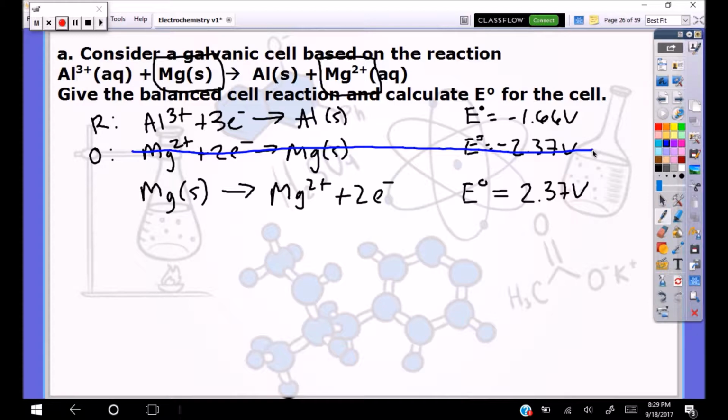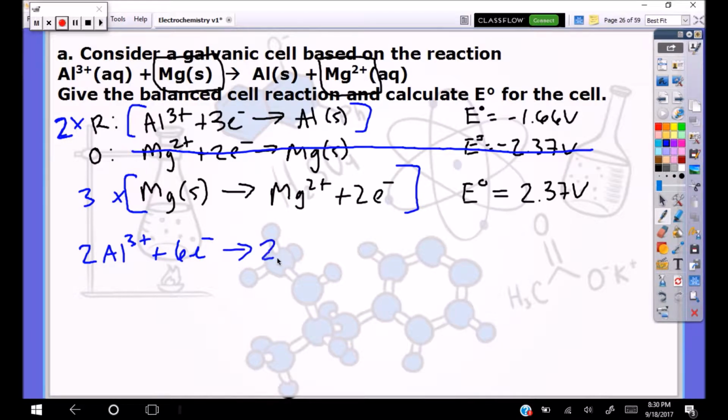We know that if we multiply this whole reaction by 3, and we multiply our aluminum reaction by 2, we should be able to get electrons that will cancel out. So we have our balance, Al3+ + 6e- gives us 2 aluminum solid.